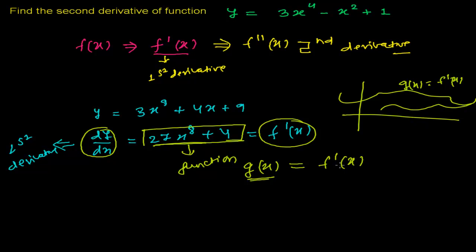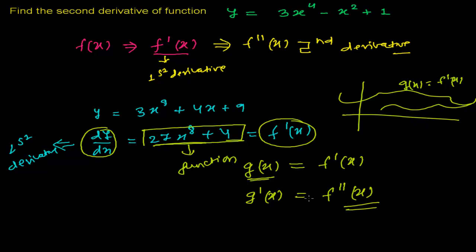So f prime of x is your function again. Now I'm going to find the derivative of g of x, that is g prime of x, which is the derivative of f prime of x. That's why it will be f double prime of x. So this is our second derivative.